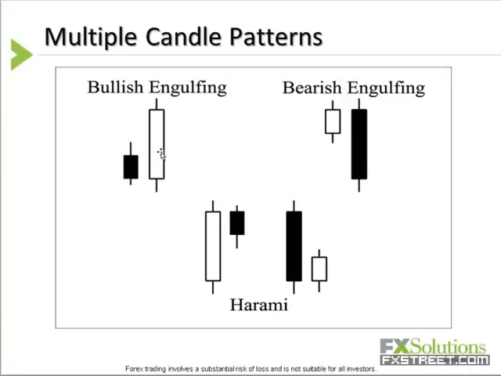We have a small body here, and then the next candle is a large bullish candle which engulfs or encompasses the prior bearish body. Okay, so what is it telling you here? It's very, very straightforward. We see a small body here, which in itself represents indecision. So we have a small bearish body here.